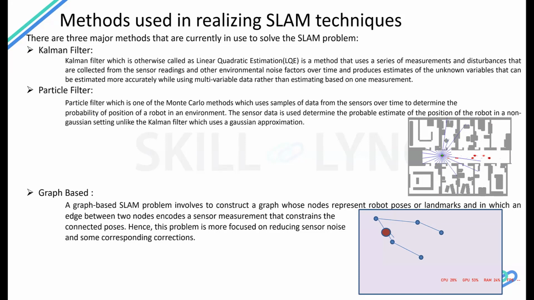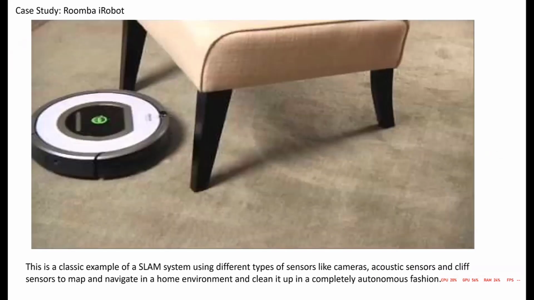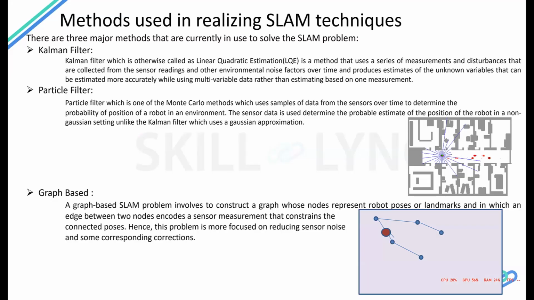So this SLAM problem is nothing but a mathematical problem, right? You're trying to solve a mathematical problem wherein you have the sensor information, right? Mathematics is called the universal language, because in this case, you're trying to read the environment, right?